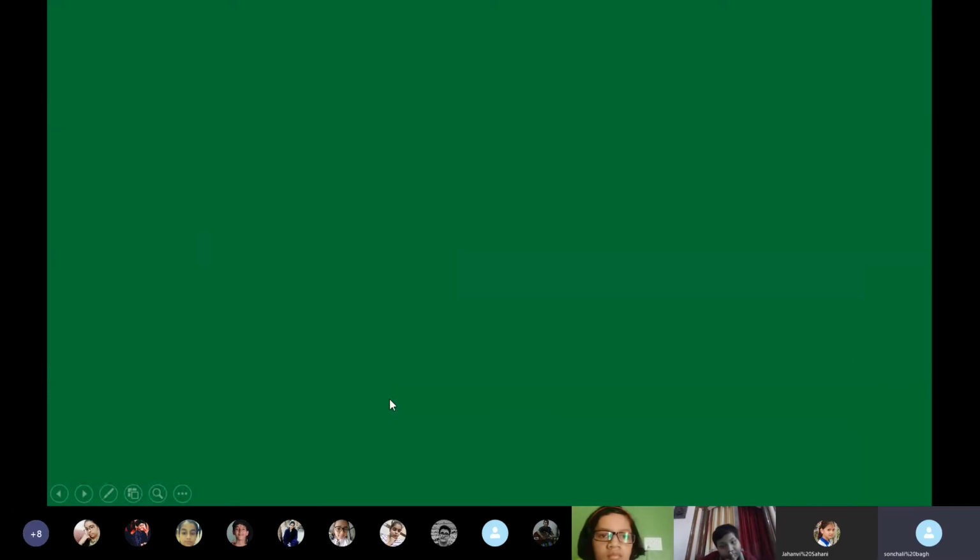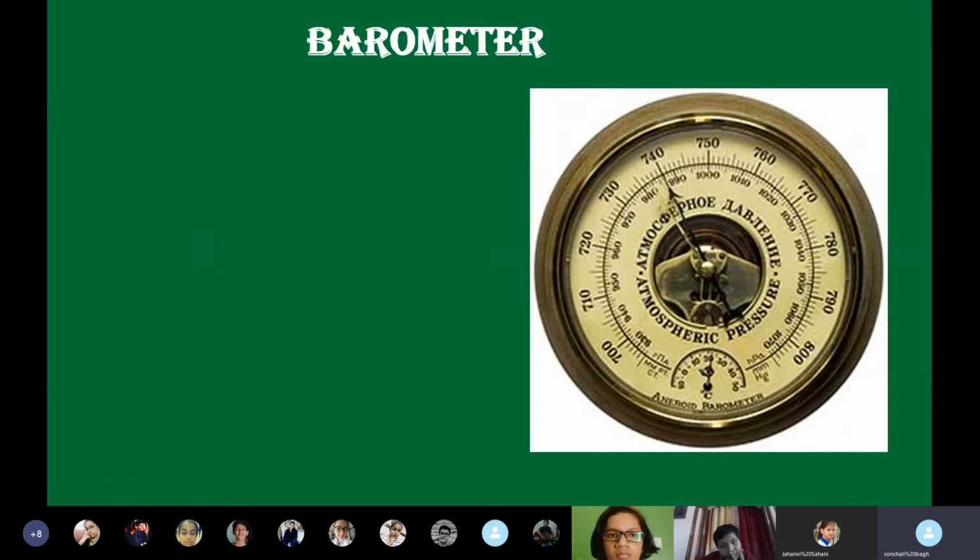Barometer. Now, first see the figure and please try to tell me what it does. The figure is answering you, so please try it out. It tells the atmospheric pressure. Right, pressure of air.